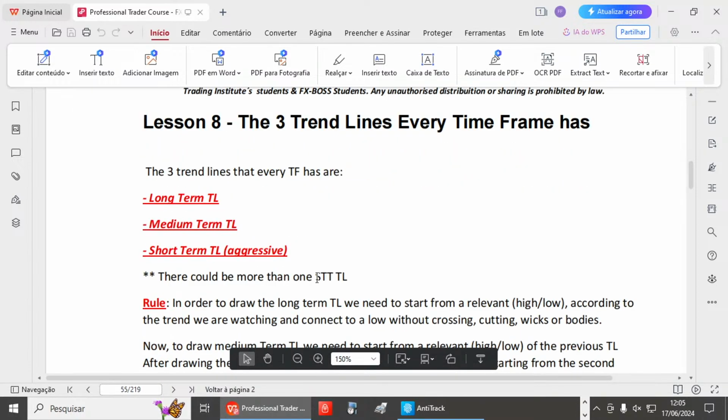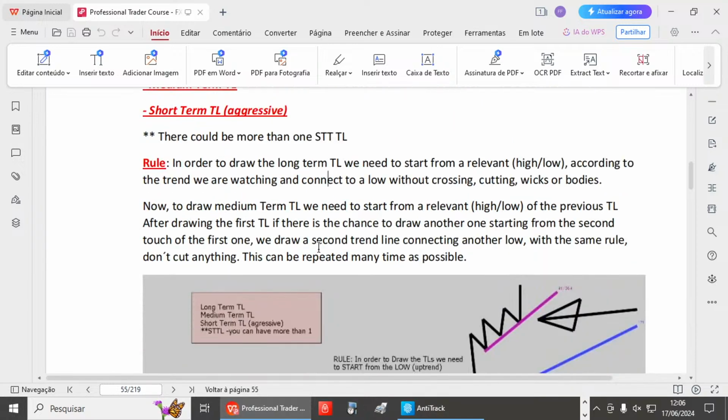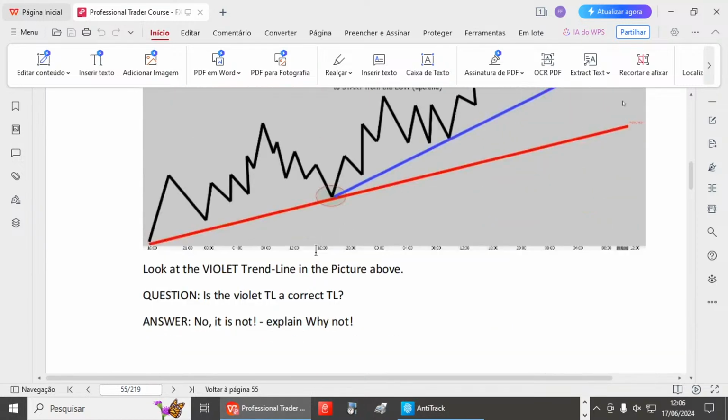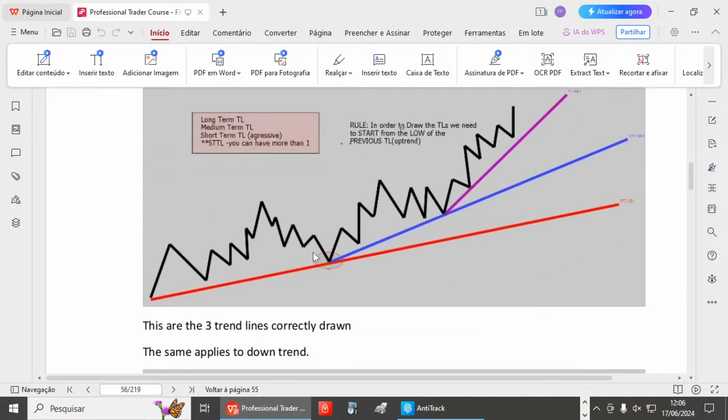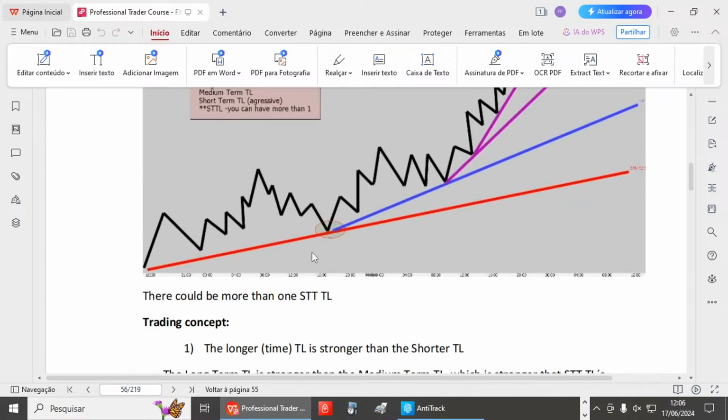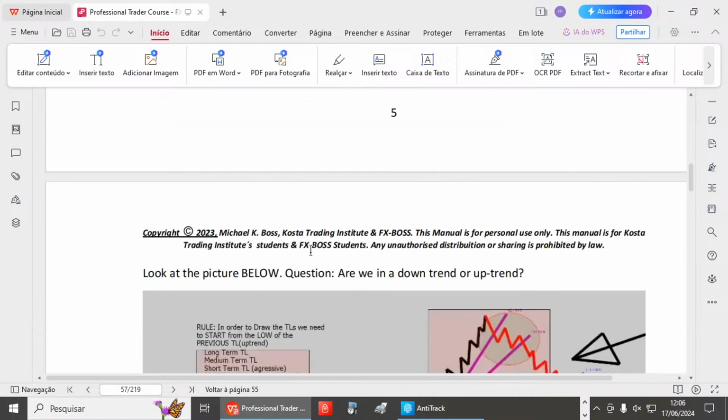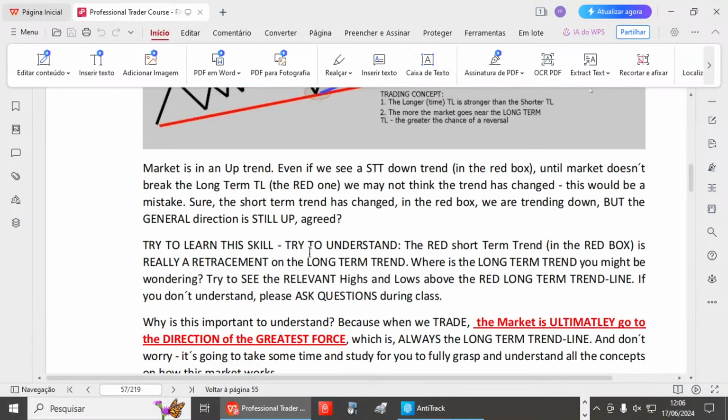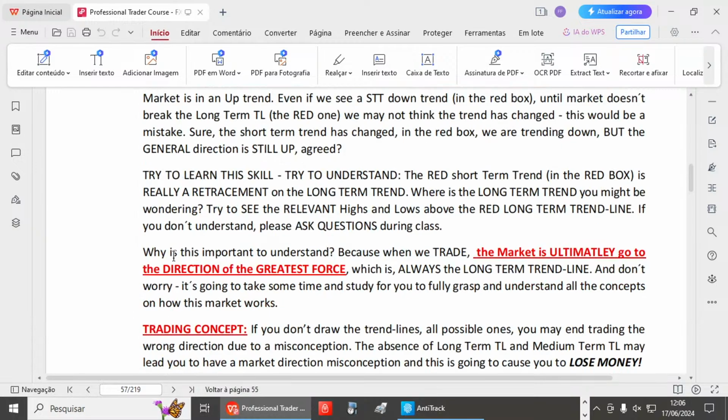So from the manual, the 3 trend lines that every time frame has are the long-term trend line, the medium-term trend line, and the short-term trend line, the aggressive. There could be more. Why is this important to understand?